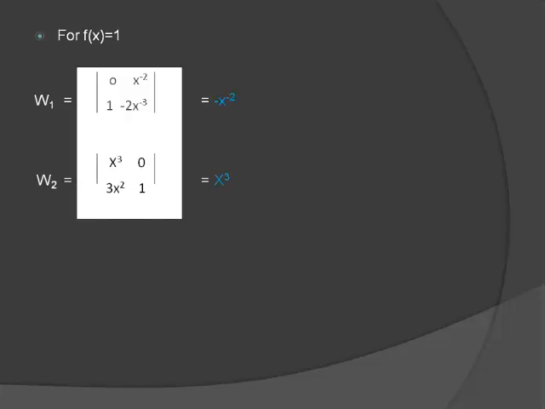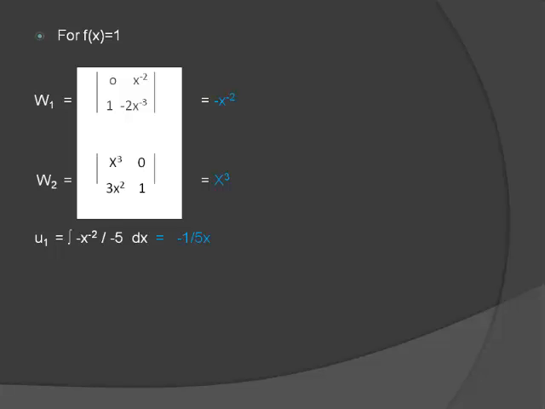Then our w2, we have x to the negative 3, our y1, and negative 3x squared, our y1 prime. Then we have 0 and our f of x, which is 1, so x to the 3 times 1 is equal to x to the 3 minus 0 times 3x squared. So our final answer is x to the 3 for w2.